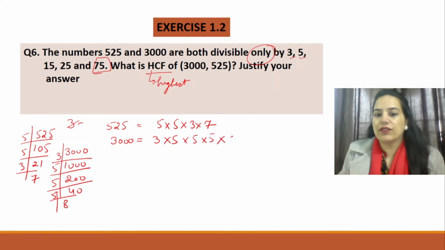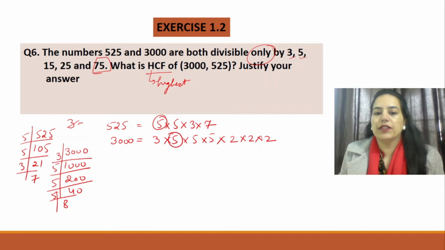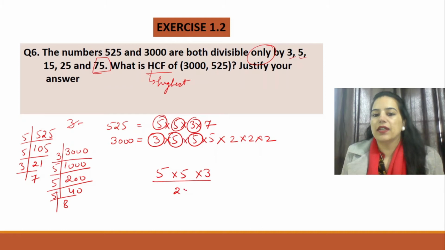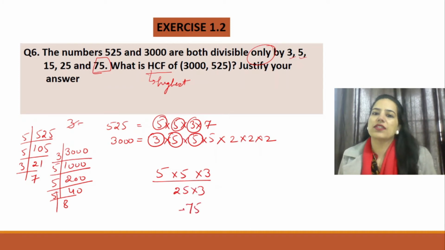You cannot write 8, you have to write 2 into 2 into 2. Only prime factors. So 5 and 5 are common here. Then another 5 and another 5 is common there. And one more 3 is common there. So these are the common factors. And if you multiply them, you get 25 into 3, 75. Hence justified also.